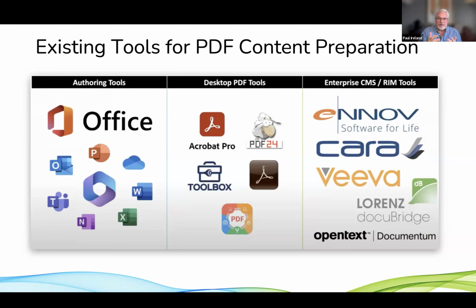But typically, you'll have additional tools on the desktop, or batch tools or plugins, that manipulate the PDF to help prepare it for compliance purposes, for inclusion in a dossier. That might be tools like Adobe Acrobat, Toolbox applications, or plugins to Acrobat. Again, typically very manual.